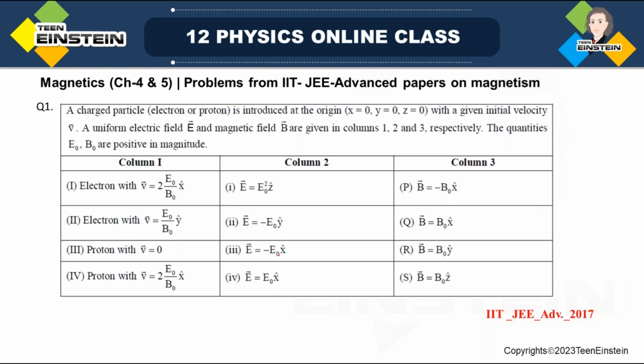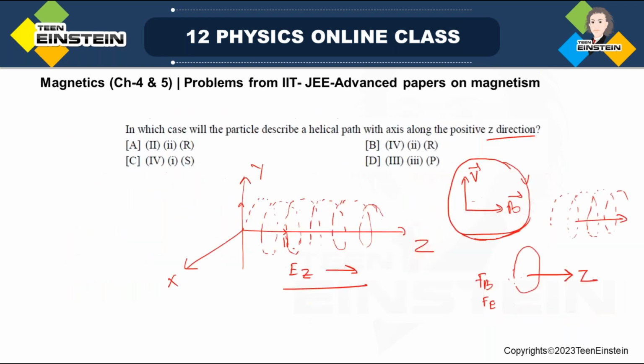See, these are the electric forces, right? So the electric force has to be along the z direction. And see, if I take this magnetic field to be along the z direction, right, so it has to have magnetic force, as I showed here.